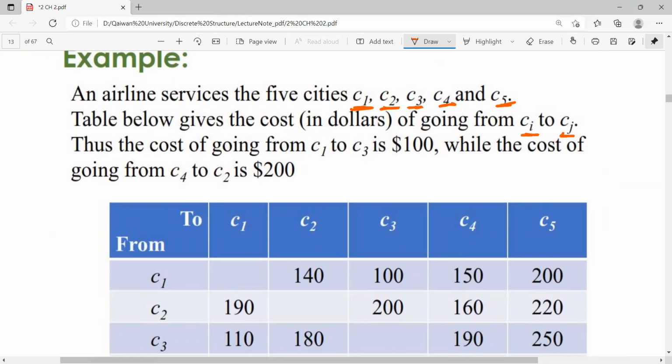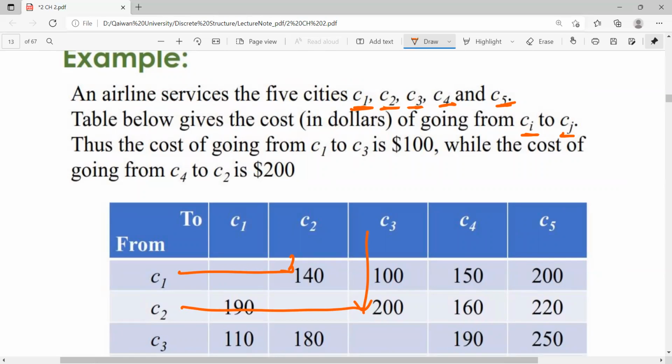That means it's the cost of going from a C to another C. For example, here from C1 to C2, it's $140. How about C2 to C3? It is $200. The cost of going from C2 to C3 is $200.